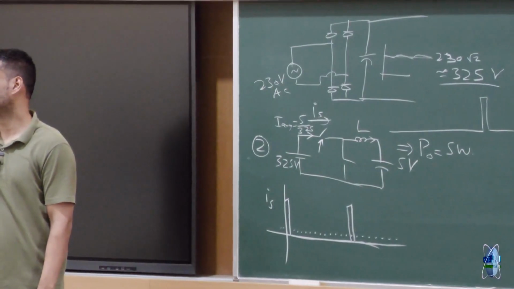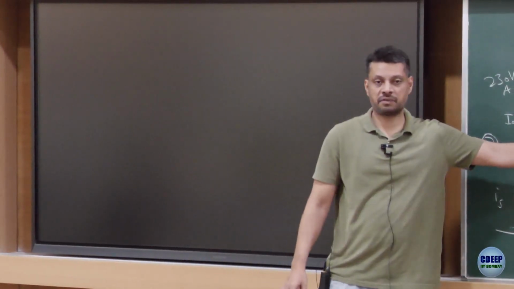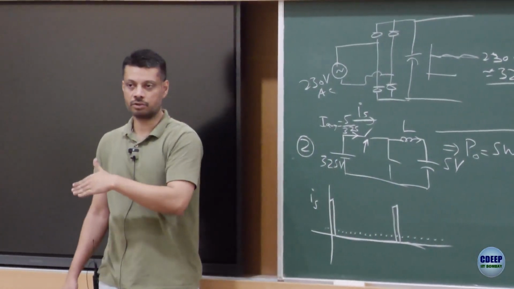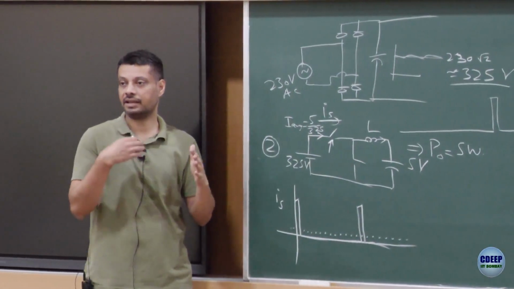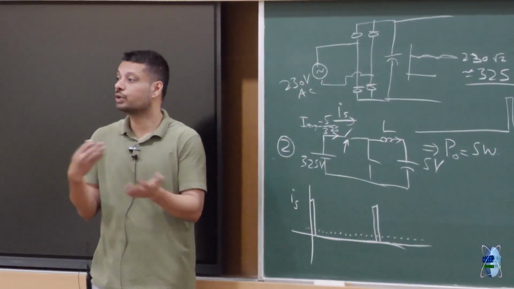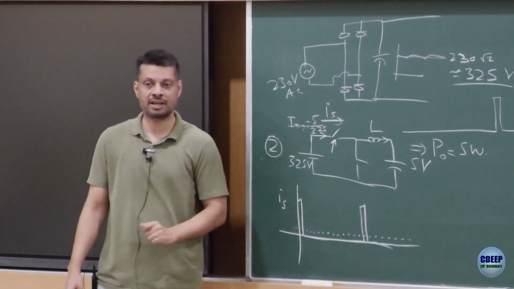Should I repeat the question? My output power is fixed at 5 watt. For output voltage I have two options, 200 volt and 5 volt, and the input is the same 325 DC voltage. In these two cases, would the RMS switch current be the same or the average switch current be the same?